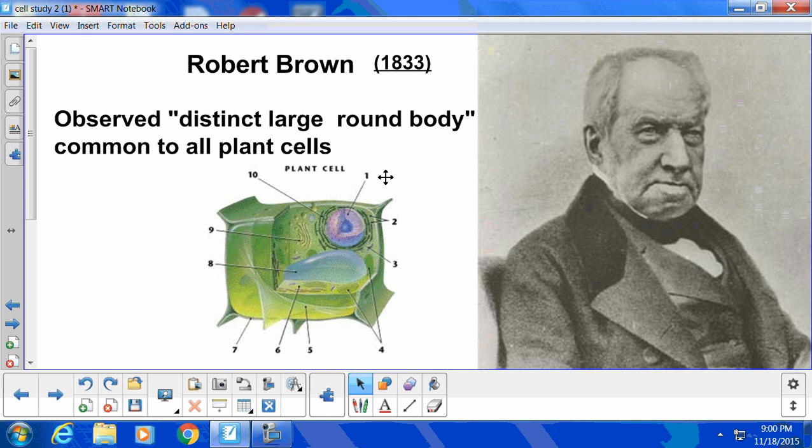Today we take it for granted, but remember at the time, the microscope was like the smartphone of today. Very, very cool thing to have. You're able to see things that were never visible before. And here we are, scientists discovering the nucleus, or at least saying that each cell has this large round body.